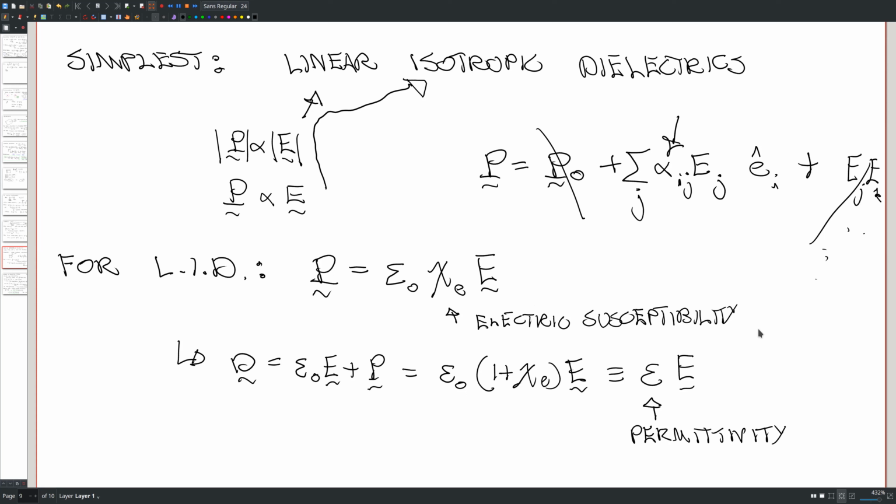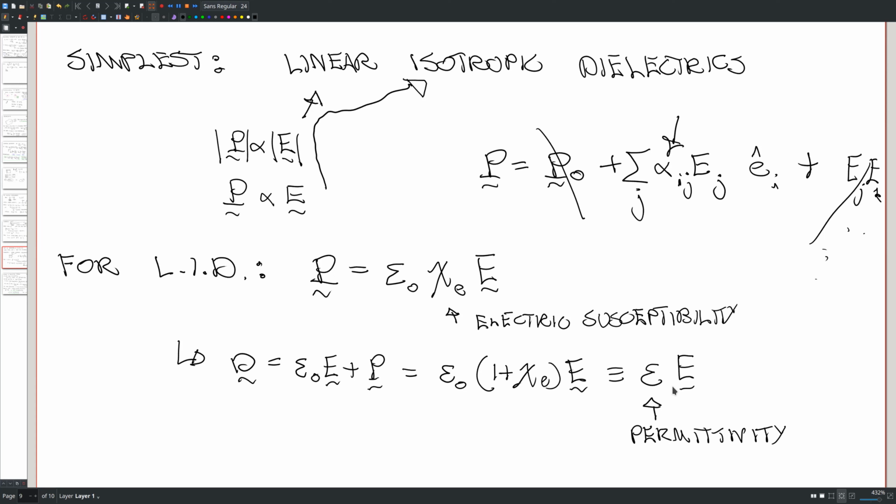We've got the displacement D instead of the electric field E, and the permittivity epsilon instead of epsilon 0. For the rest, things are very much the same. In particular, the application of Gauss's law, like we've done it, works.